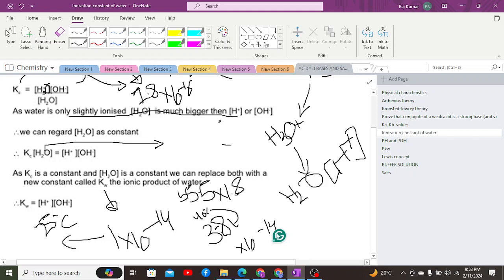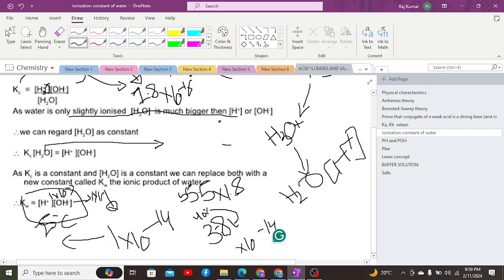Likewise, Kw is equal to the H and OH ion concentration product. Here, the H ion concentration is 1 into 10 to the power minus 7, and the OH ion concentration is 1 into 10 to the power minus 7.